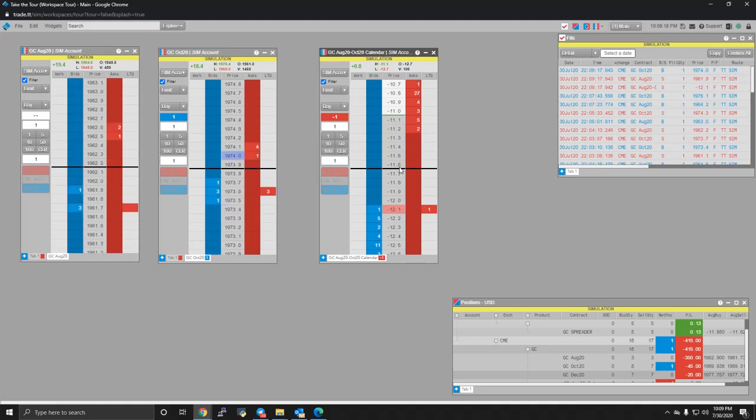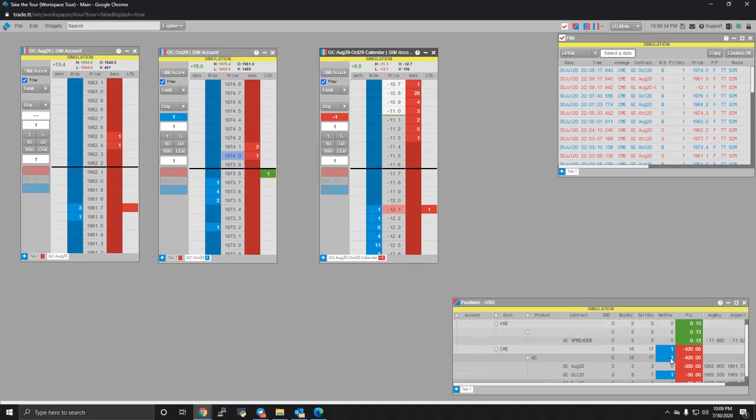So now you see that I have rolled my position. I have gone from being long August to now being flat August and long October. And this trade was done using the calendar spread market instead of manually executing between the outright markets.